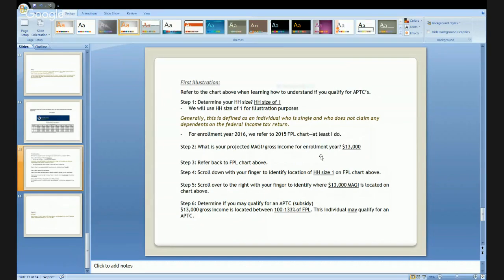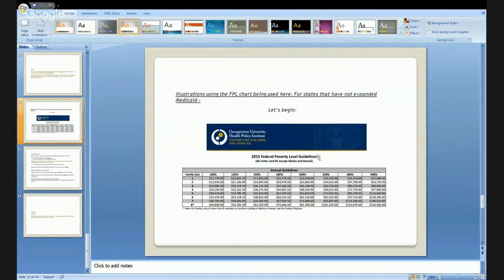The first thing we want to do is determine your household size. We're going to use a household size of 1 for illustration purposes. So if I go back up to the chart, this is where we're looking. Family size of 1 to the left side of the chart. We will begin working our way to the right as we go further into the details of how to use this chart.